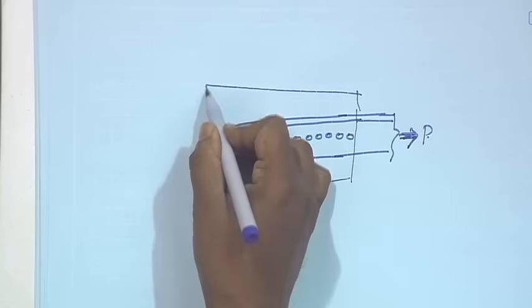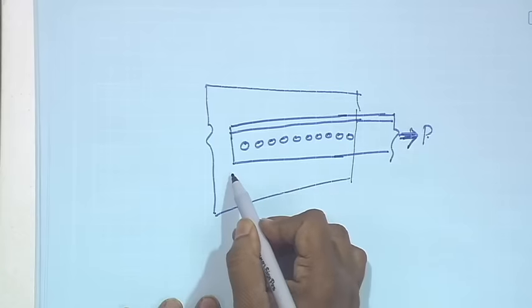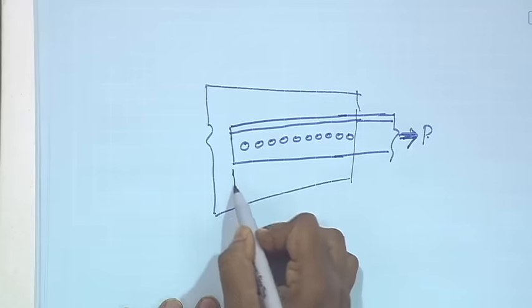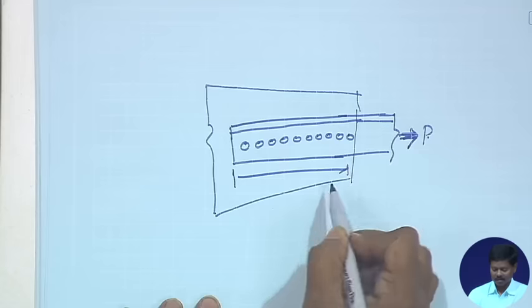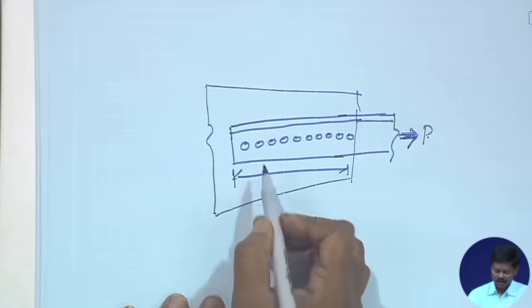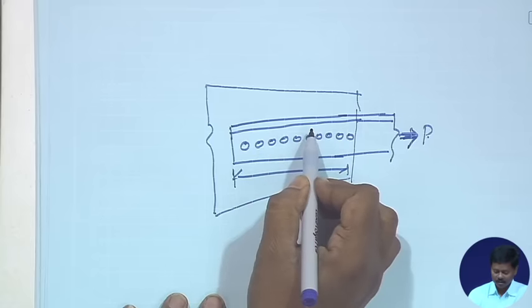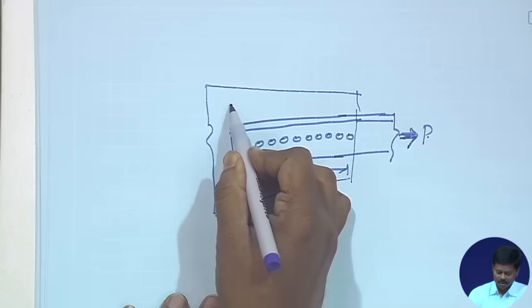Now, to save the material, sometimes we may be able to reduce this length by putting an additional angle connected with the main angle in this direction.